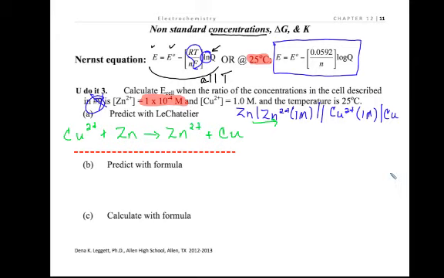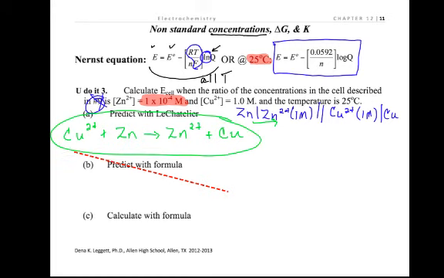Now, what happens if we decrease our zinc ion? If we decrease our zinc ion, that's the stress on the equilibrium. Some of you said it was a stress on the product. The stress is on the whole reaction. So that's our stress.